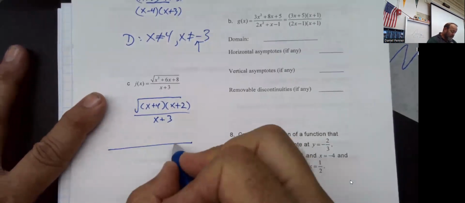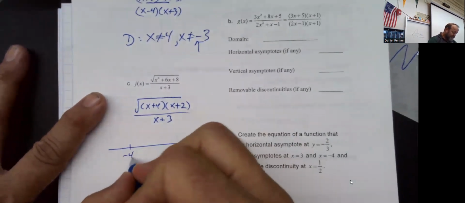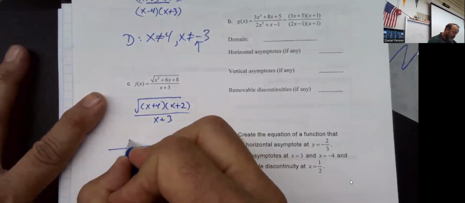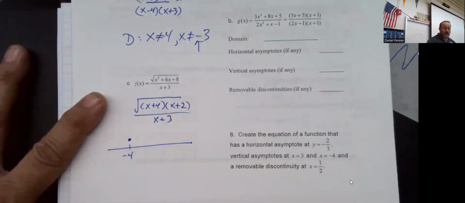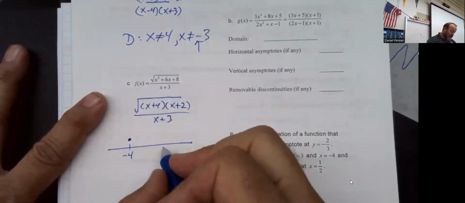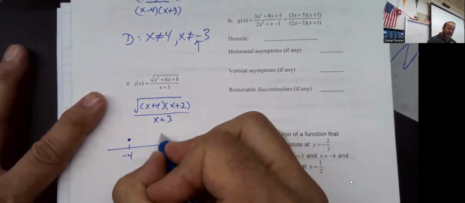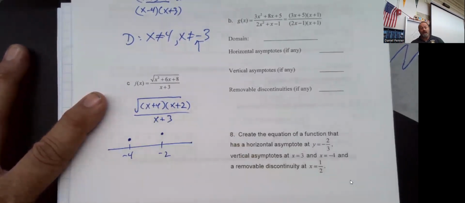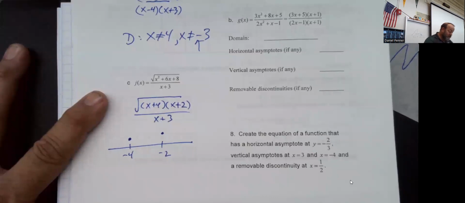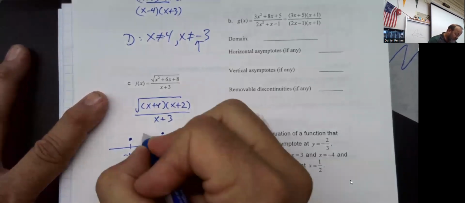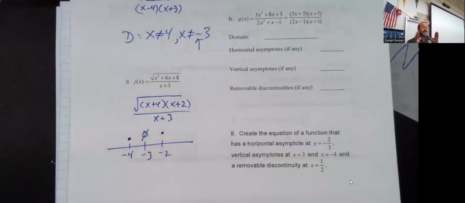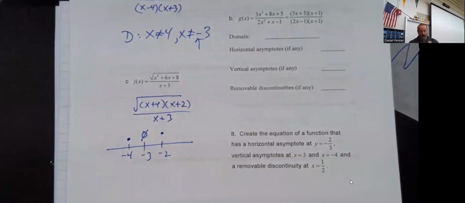So I know that at -4, I would end up taking the square root of 0, which is actually okay. I know that -2, I would take the square root of 0, which again is okay. I also know that -3, I would actually be dividing by 0, which is not okay.